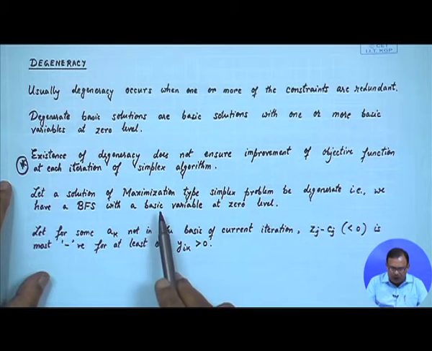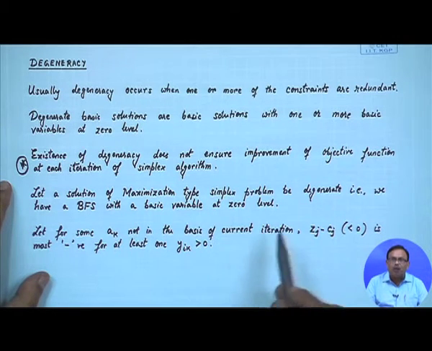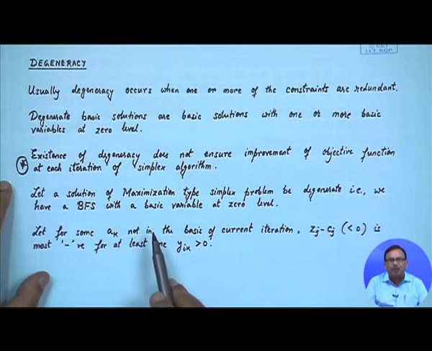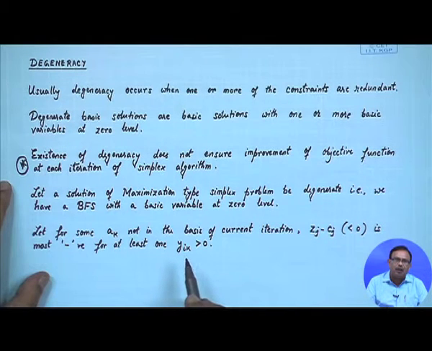Suppose you have a maximization type simplex problem that is degenerate. That is, we have a basic feasible solution where a basic variable is at 0 level.